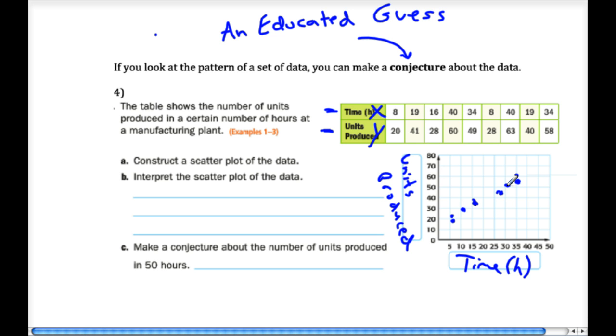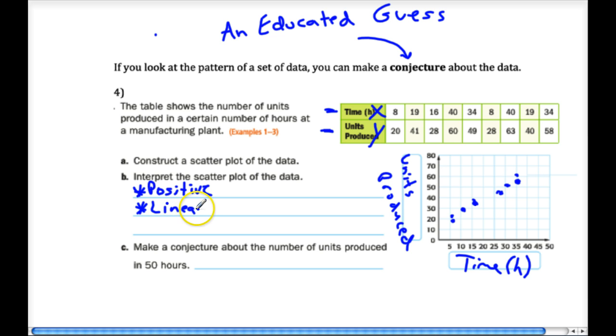Okay. Everybody write down a few things you know about that scatter plot. It's positive. What else? Linear.